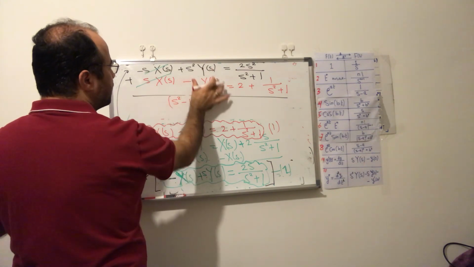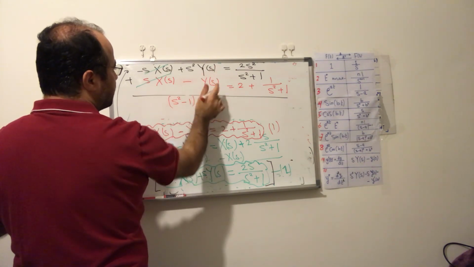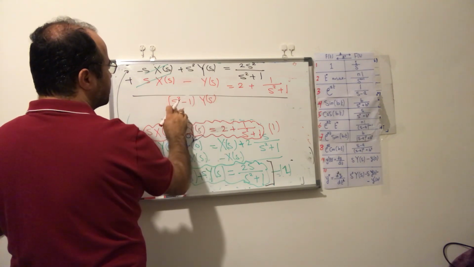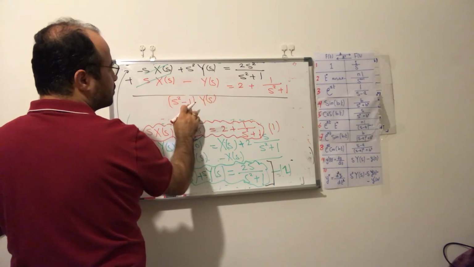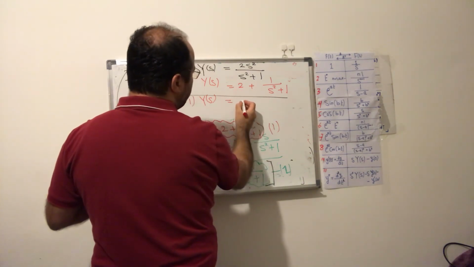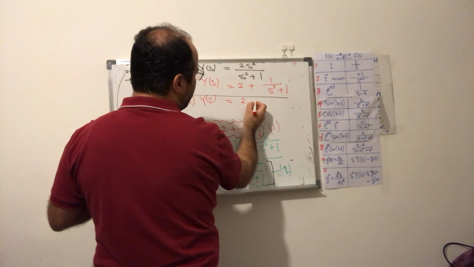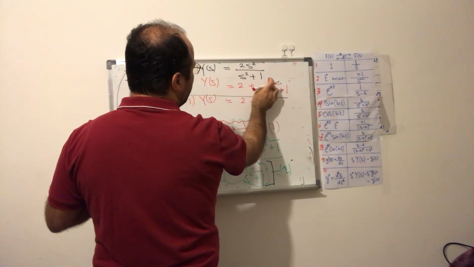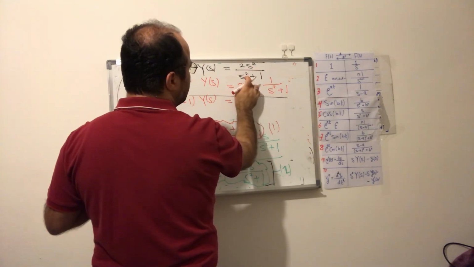So I'm grouping, taking Y(s) as a common factor here. Then from the first one you get s squared, from the second one you get minus 1 here. And then this will equal to, now I'm going to keep the 2 here for a moment, and when you add this to that, then you get 1, so this is a common denominator, right?